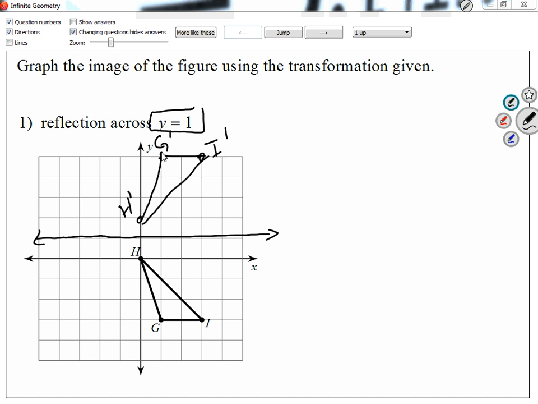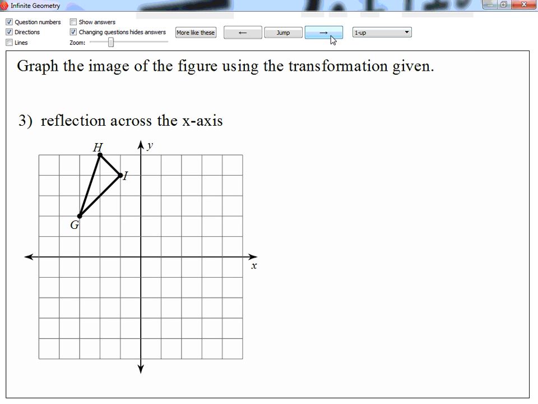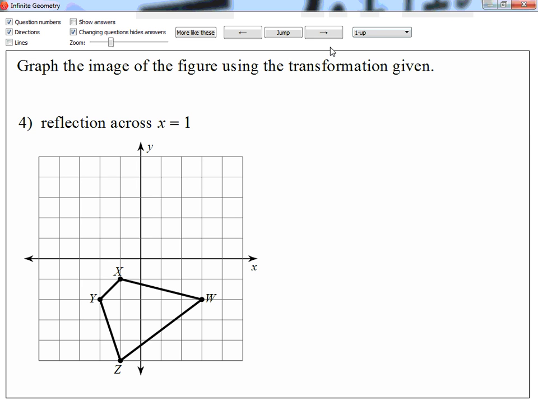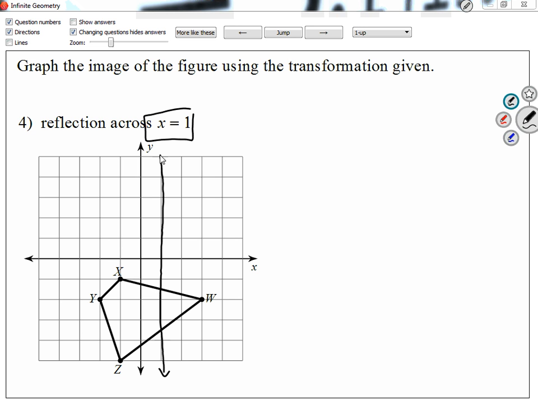As an example, let's take a look at question number 4. Take a look at example number 4. The mirror line is the line x equals 1. So we have to draw our mirror line. That's my line, x equals 1.